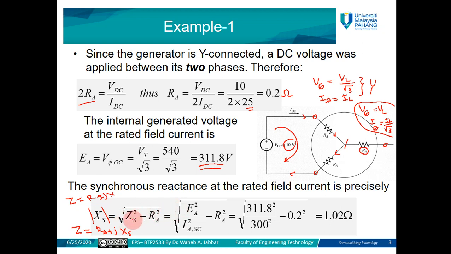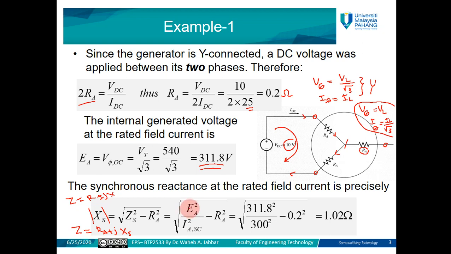Okay. Then we substitute the value for ZS here. How can we find the value of ZS from the open circuit test? So it will be EA over I short circuit. We already talked about this in the video about the test of the synchronous generator.